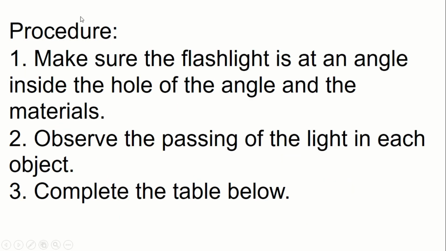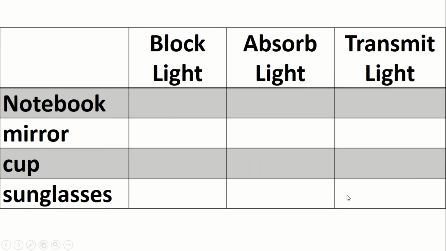Okay, and the procedure: make sure the flashlight is at an angle inside the hole of the cardboard on the materials. Then you observe the passing of the light in each object. Okay, and then you will complete the table.